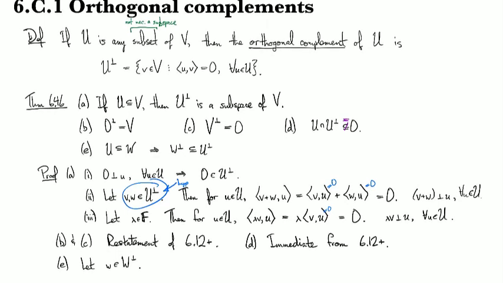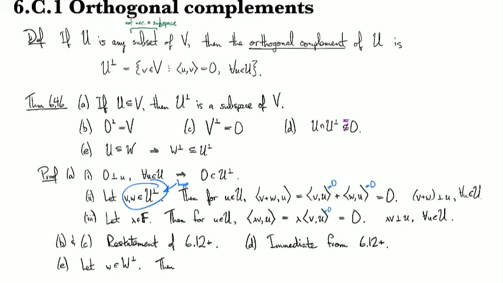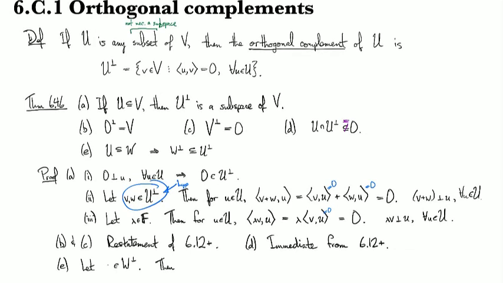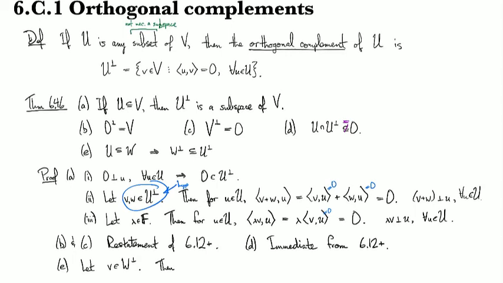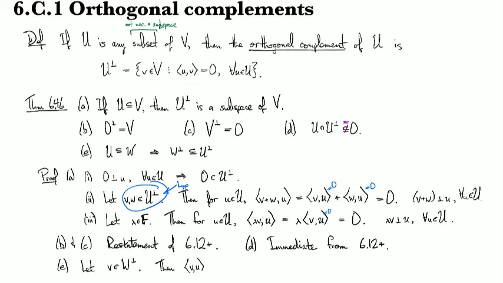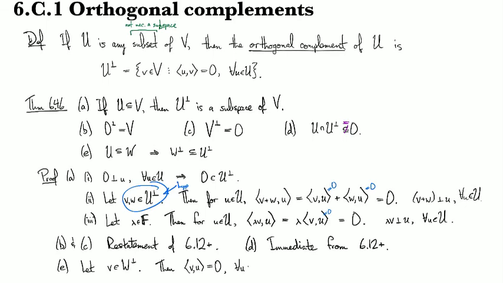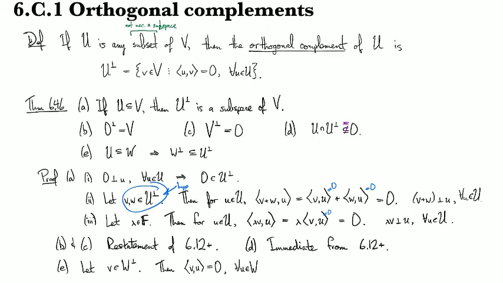So let's see. Actually, you know what? Let's call it V because it's not actually in W, so that might be confusing. So take V to be something from the orthogonal complement. All right. So then that means that the inner product of V and U is 0 for all U's in W.